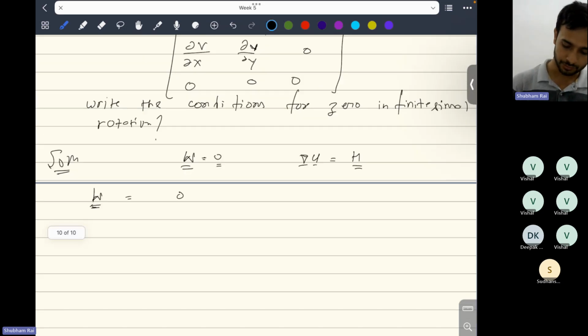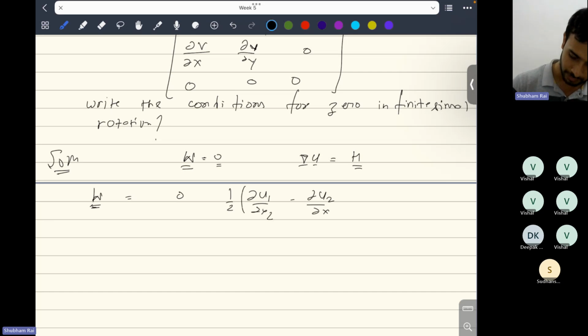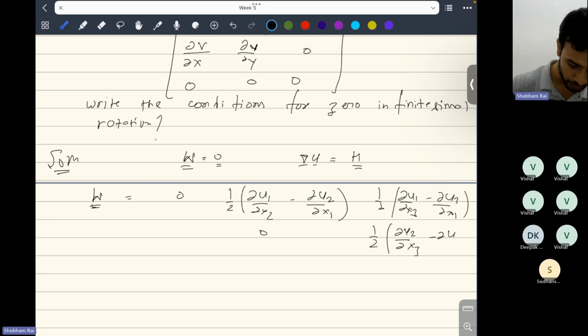So this is 0, this is 1 by 2 (del u1 by del x2 minus del u2 by del x1), and 1 by 2 (del u1 by del x3 minus del u3 by del x1), and then this is 0, and this is 1 by 2 (del u2 by del x3 minus del u3 by del x2), right?